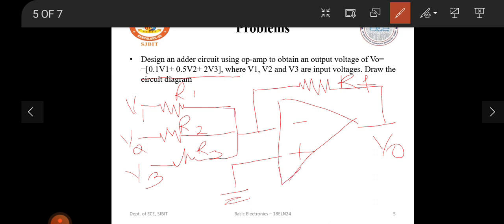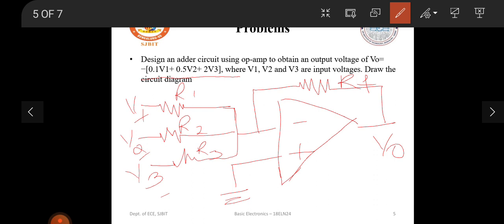Now we are supposed to find out the resistor values. With this, let us design an adder circuit. So this is the circuit diagram. Now let's find out the values, where V1, V2 and V3 are the input voltages.